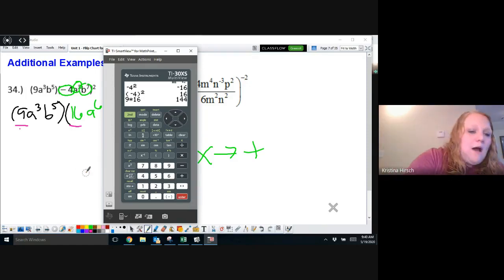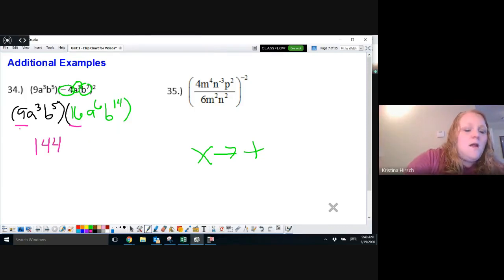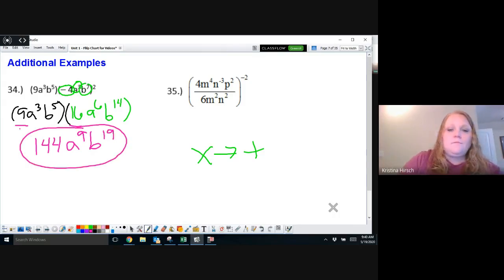So I would have 144, but now my A's are being multiplied, and those are dealing with exponents. So when you multiply, you add, and 3 plus 6 is 9. A to the 9. And then B, 5 plus 14 is 19. So when you multiply, you add.